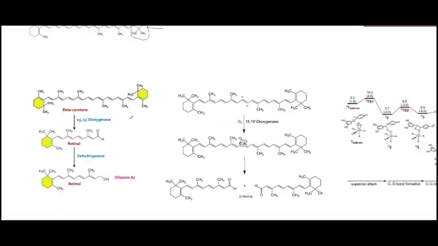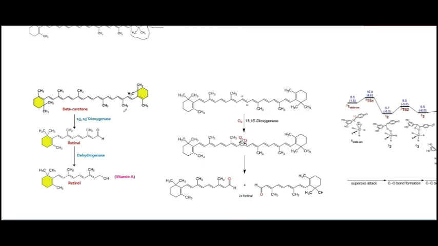And that's our beta-carotene, which we then cleave into 2 of these species called retinal, which is then reduced, this aldehyde here is reduced to form this hydroxyl group here, and that gives us our vitamin A. And so this cleavage here is performed by what's called the 15-15 prime dioxygenase.